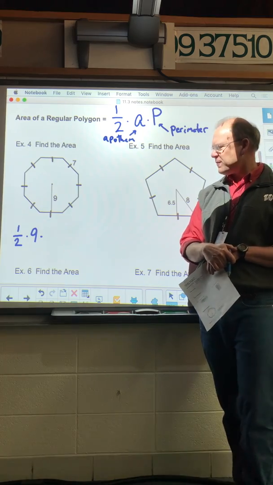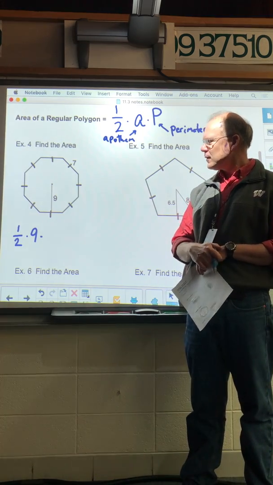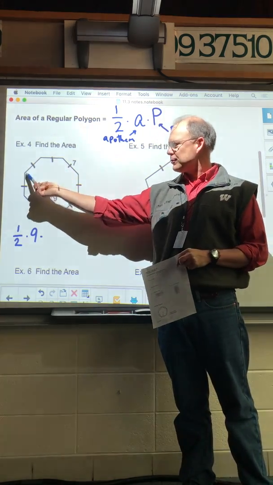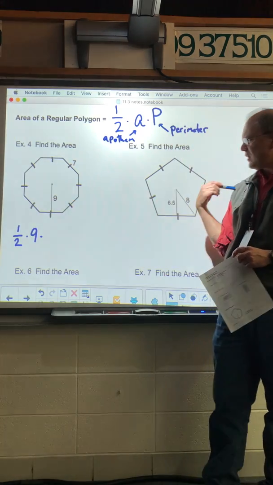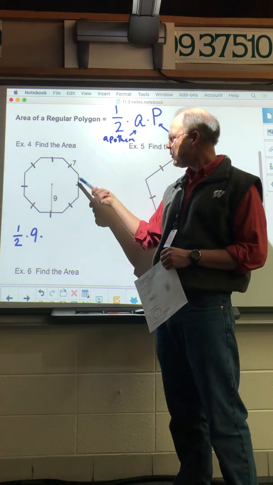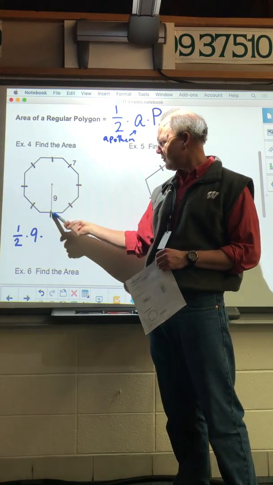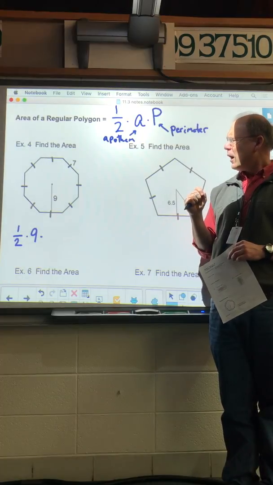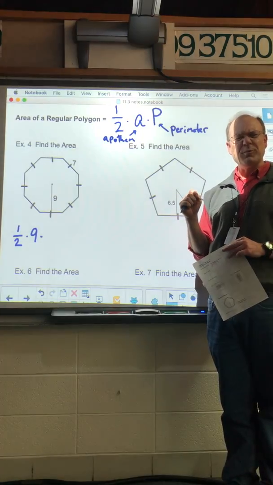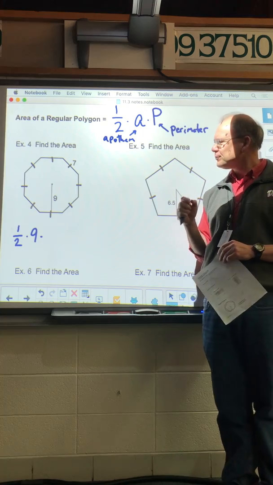No, but we could figure it out, right? The perimeter, we're adding up all of the sides, going around the outside of the, what shape do we have here? 1, 2, 3, 4, 5, 6, 7, 8. We have an octagon. So can we figure out the perimeter of that octagon?